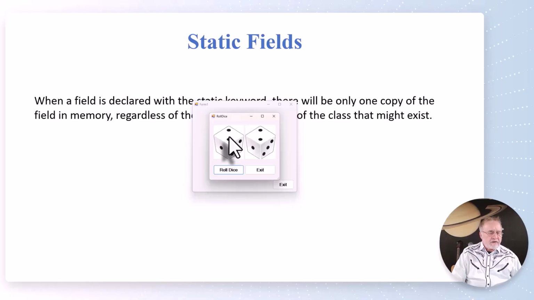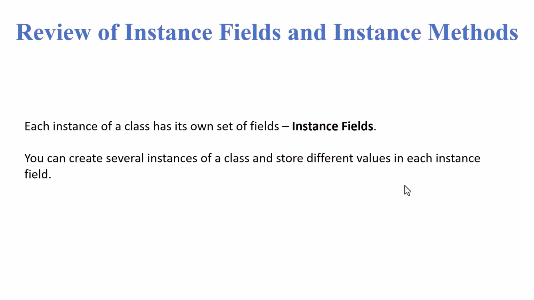Now, in order to do that with static fields, we need to understand the instantiations and those instance fields, where they all come from. So let's review those real quick. Let's review the instance fields and instance methods first so we get an idea of where we're going with this. Right now, we know that each instance of a class has its own set of fields, instance fields. You can create several instances of a class and store different values in each instance.